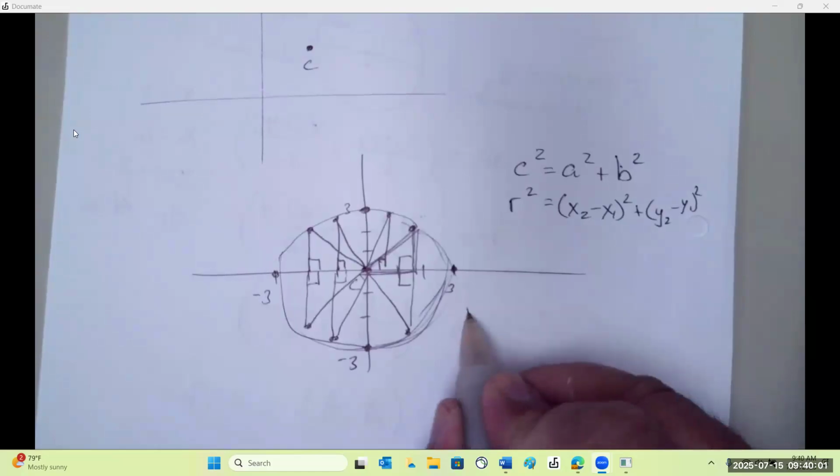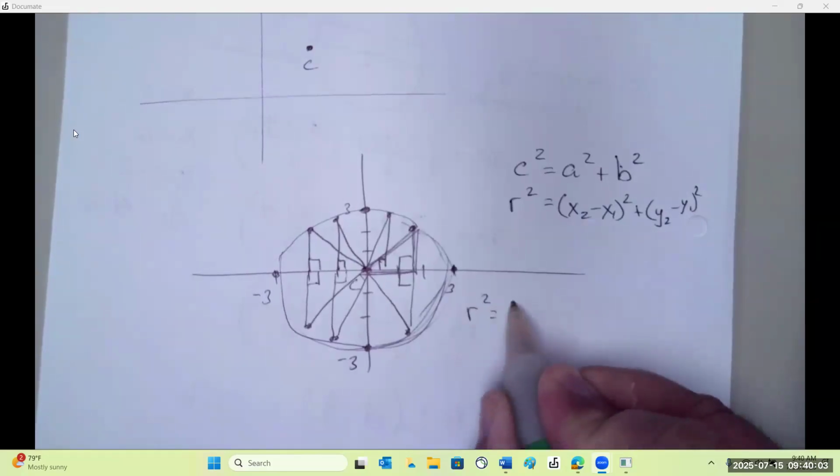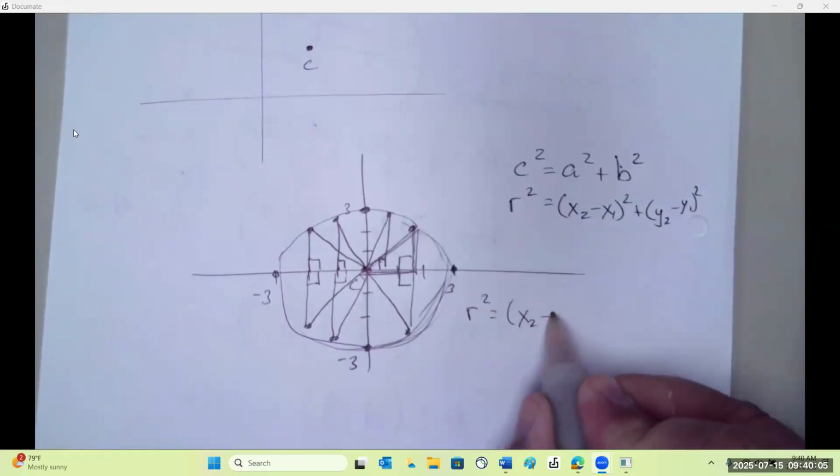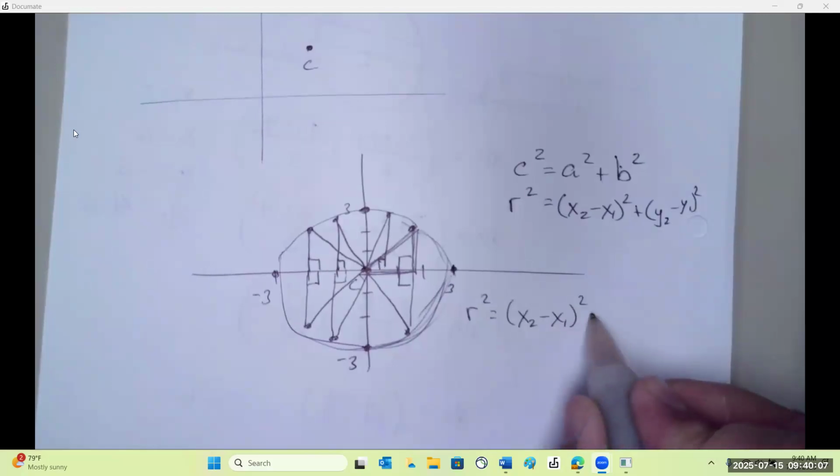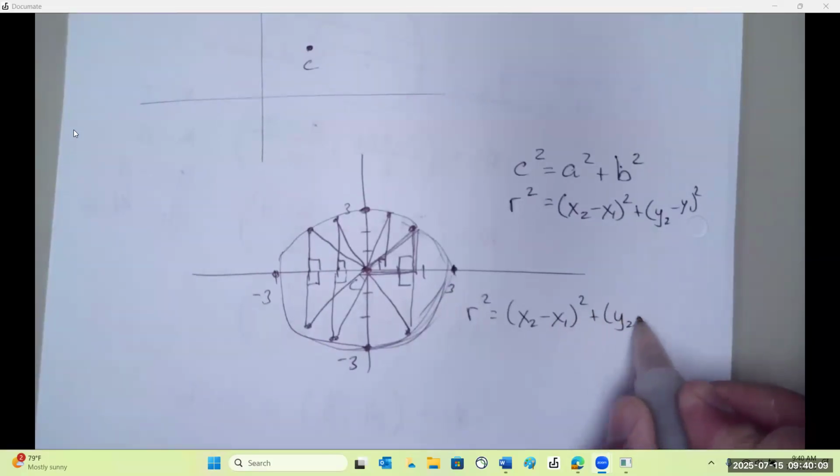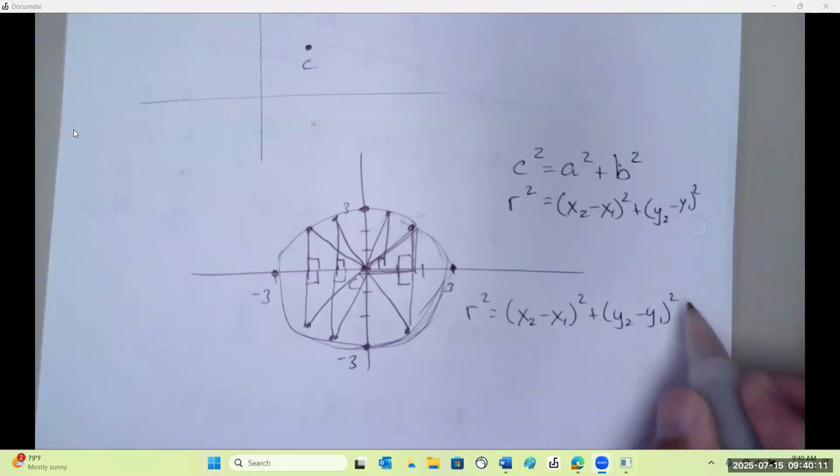So we have the radius squared equals x2 minus x1 squared plus y2 minus y1 squared.